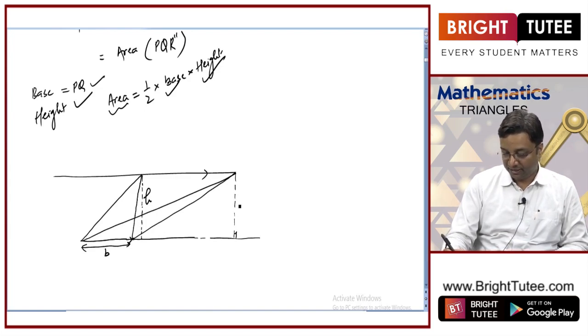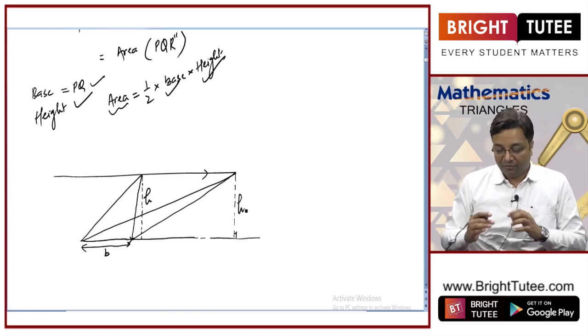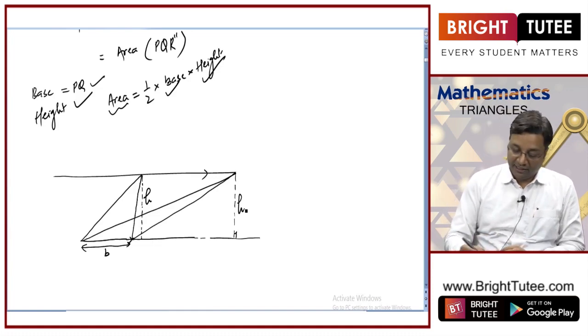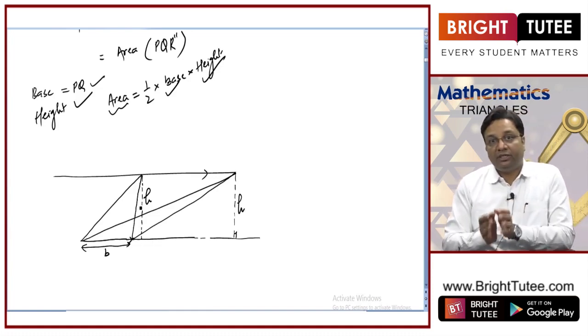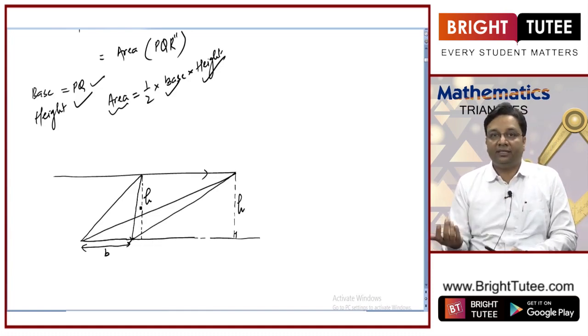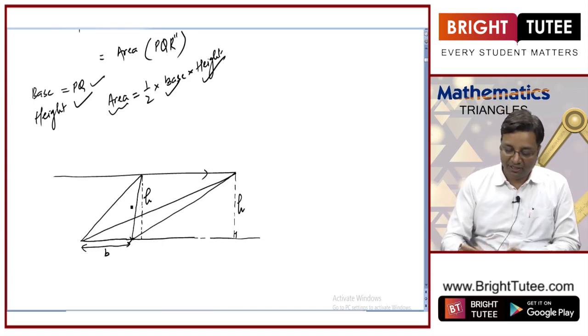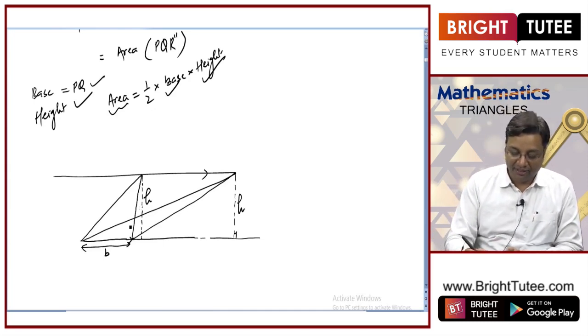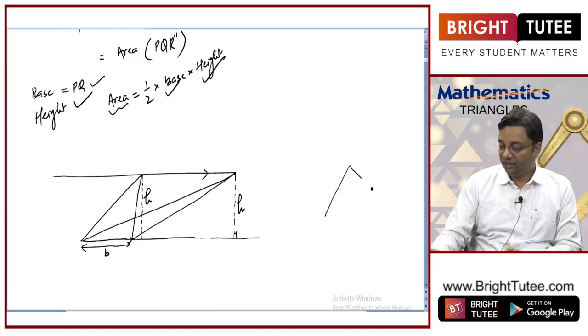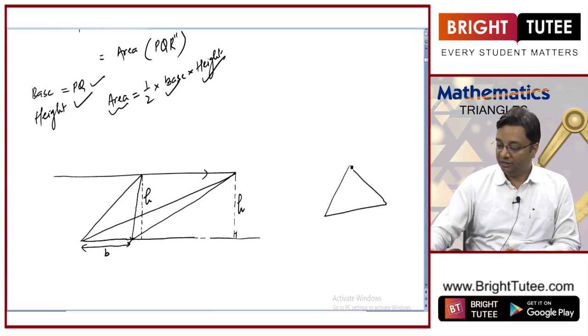This is again h. The point I am trying to make here is that this height or this altitude may be outside the triangle also. It is not necessarily inside the triangle, which happens in most of these acute angle triangles.